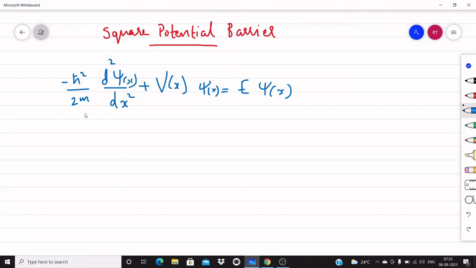So this is our time independent Schrodinger equation.